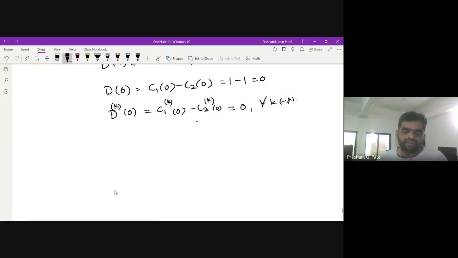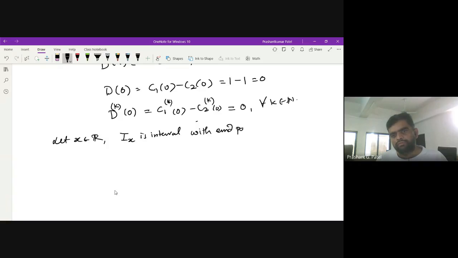Let us consider x is in R and Ix is an interval with endpoints 0 and x.